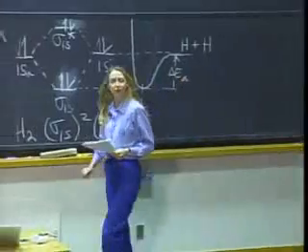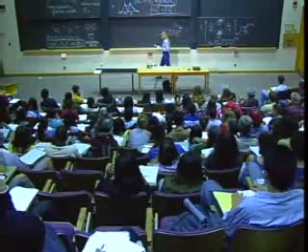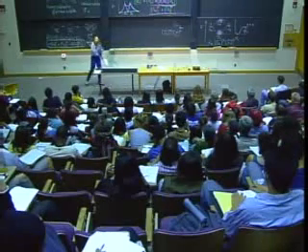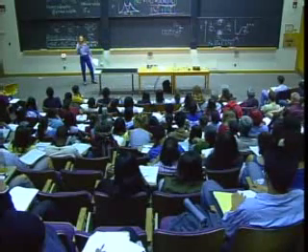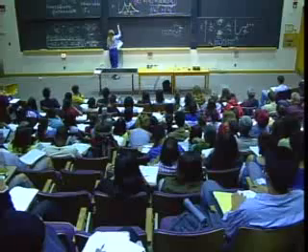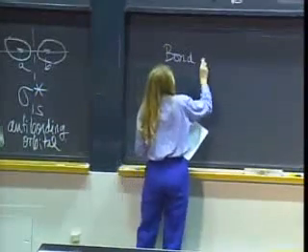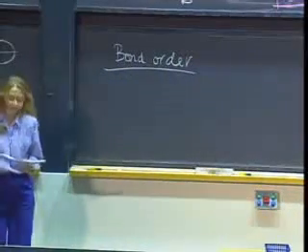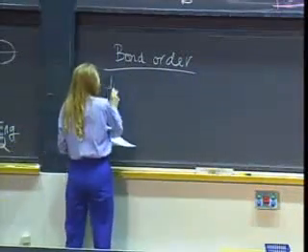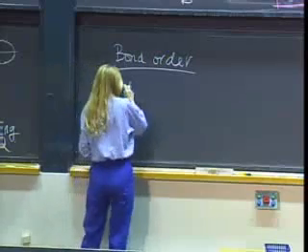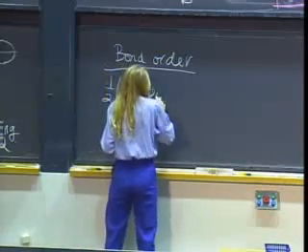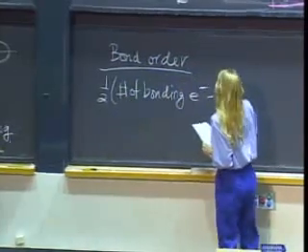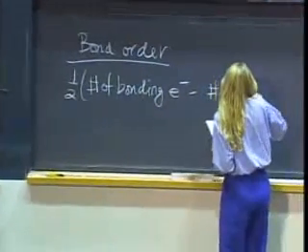So we've got a tool for telling how strong the bond is. And that tool is called the bond order. The bond order is defined as 1/2 the number of bonding electrons minus the number of anti-bonding electrons.